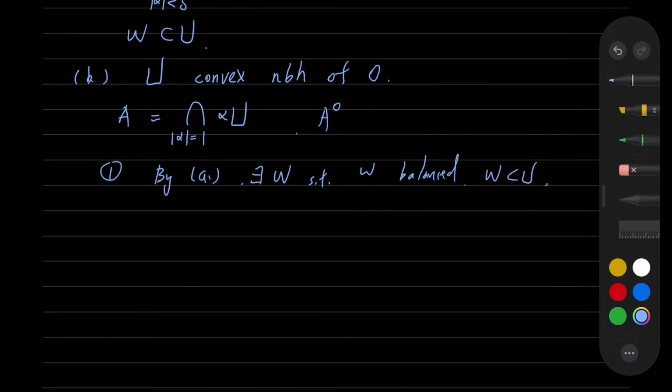And we use the fact that since W is balanced, for every alpha that has absolute value 1, we have the fact that alpha inverse times W is still W itself. It's fixed by alpha because it is balanced.